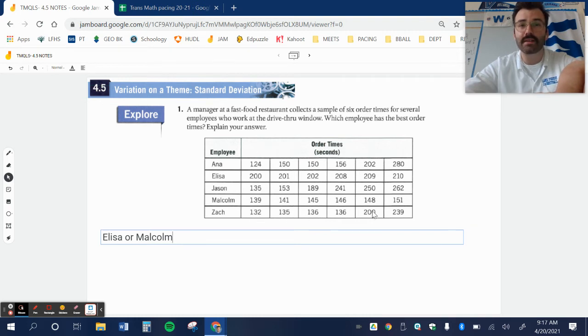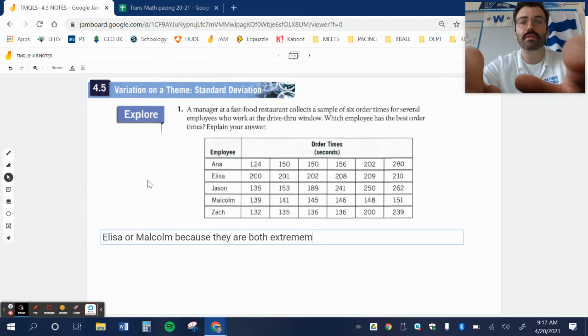Zach is quick, but also very slow at the same time. Jason is all over the place. Okay, so I would say Elisa or Malcolm. Why? Because they are both extremely consistent, Malcolm probably being the faster of the two.